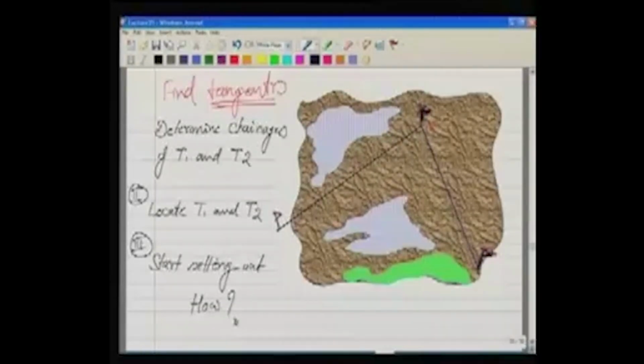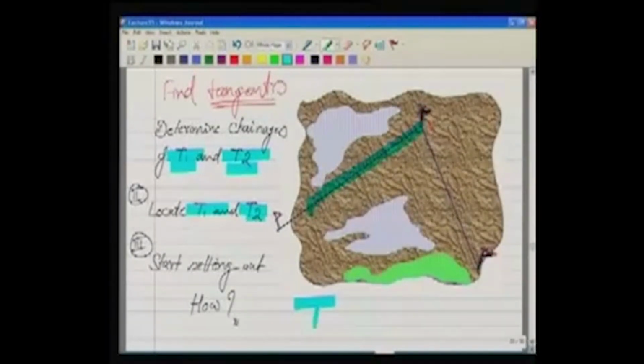Then we would like to determine points T1 and T2, meaning the point of curvature and the point of tangent. How do we locate them? Once we know this line, we know how much we have to move in order to locate T1. So T1 is here because this is the tangent distance T. Then we also move along this tangent to locate T2.